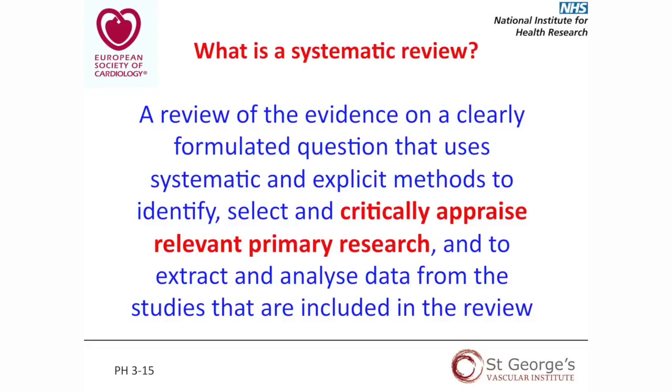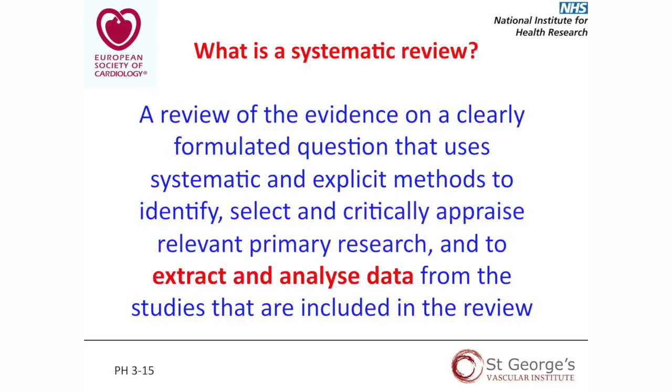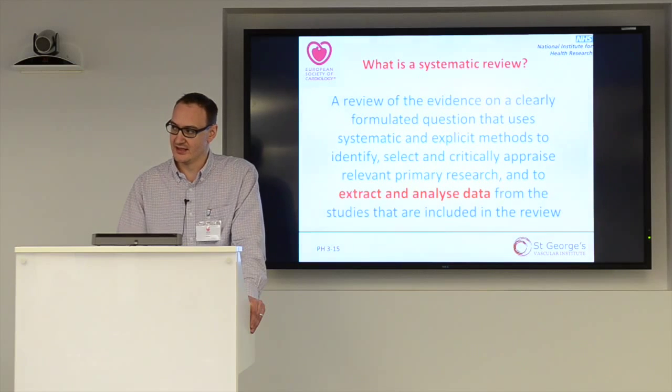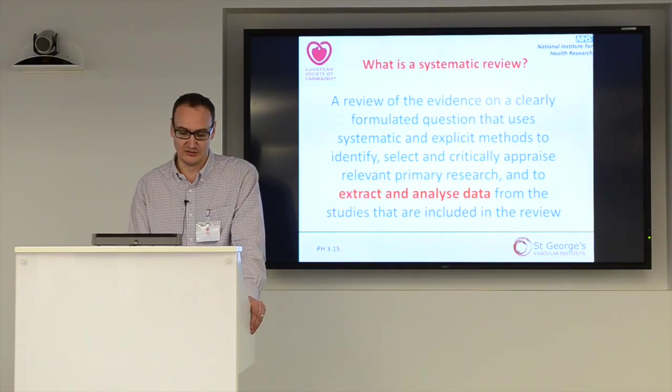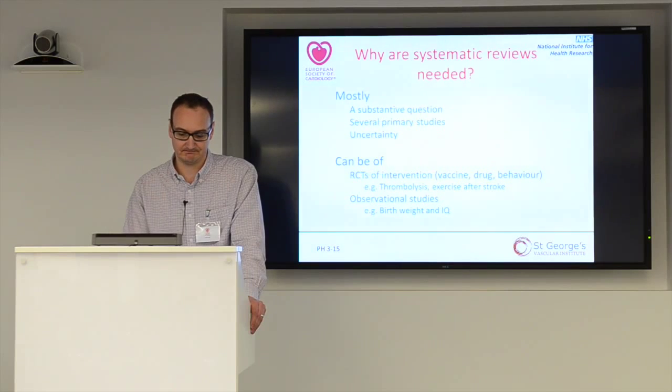It's how do we take literature that's in the public domain, and some of it quite well hidden, but in the public domain, and critically appraise it and put it together. And only then can we extract and analyze the data and put those into the review. So it is a stodgy and somewhat convoluted definition, but it tells us everything we need to know about how to do a systematic review and how to make it a scientific entity.